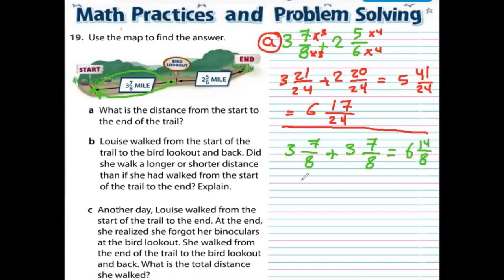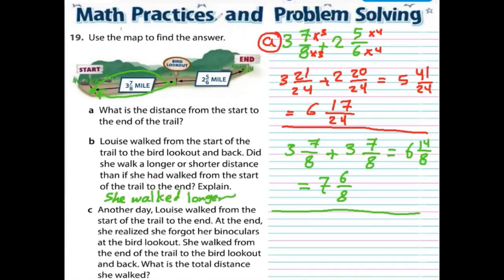So I'm going to add 1 to the 6 to be 7, and make 14 minus 8 give you 6 over 8. Without simplification, guys, who is bigger? The 7 and 6 over 8, or 6 and 17 over 24? 7 or 6? I think 7 is bigger. So I can say here, she walked longer. I'm going to write it in here. She walked longer.